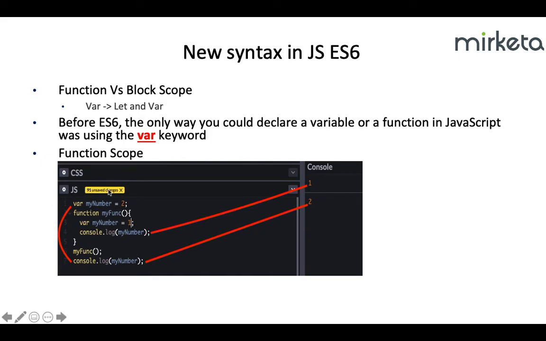If you see the code, we declare var with the same name in the global context and within the function. So as expected, we can see the values as 2 for the global context and 1 for the function scope.